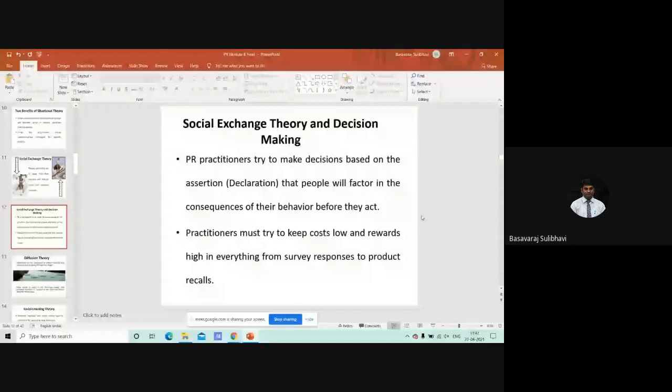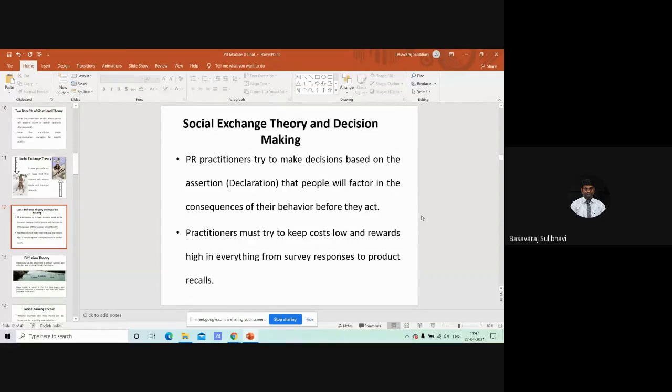As I told you, if social exchange is used properly by the practitioners, it gives more and more profit, not only to them, but it also contributes to the upliftment of relationships and investments among the public in the organization.